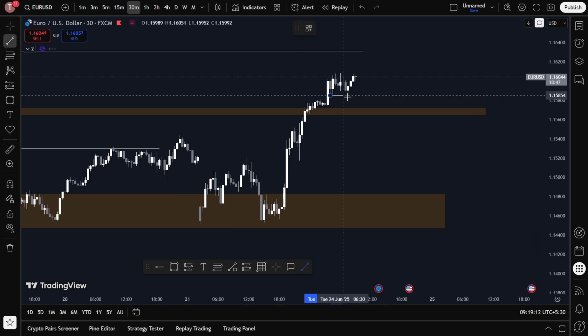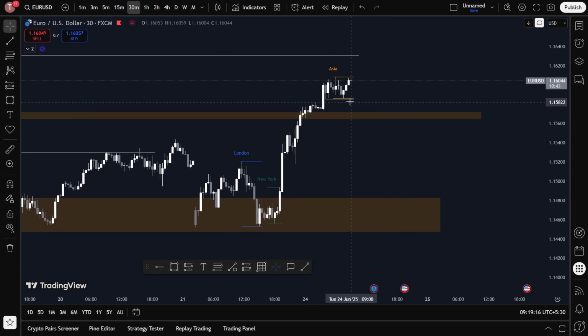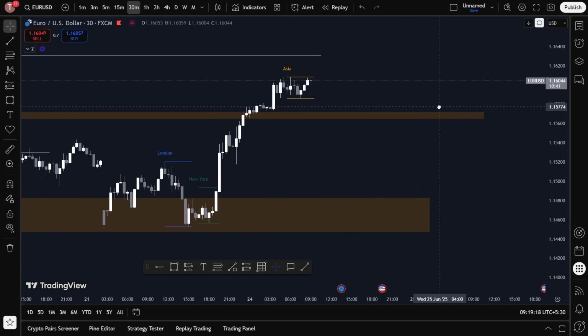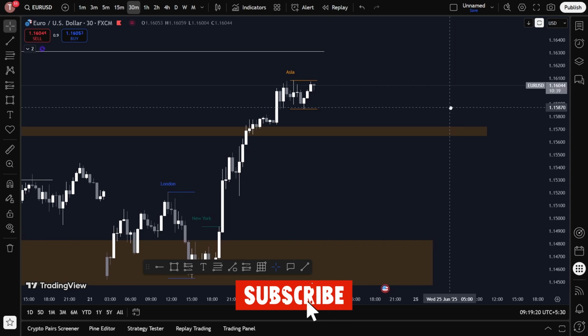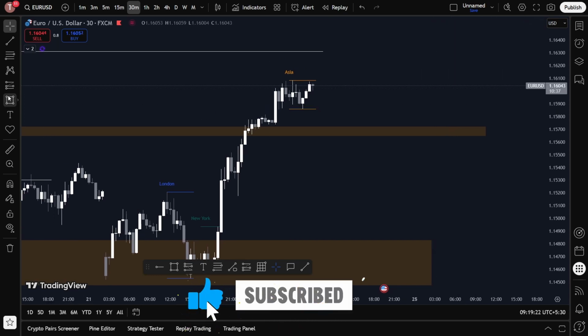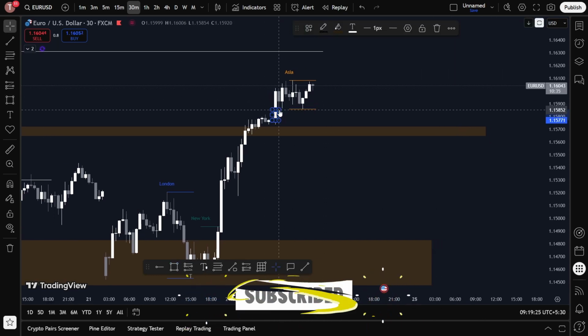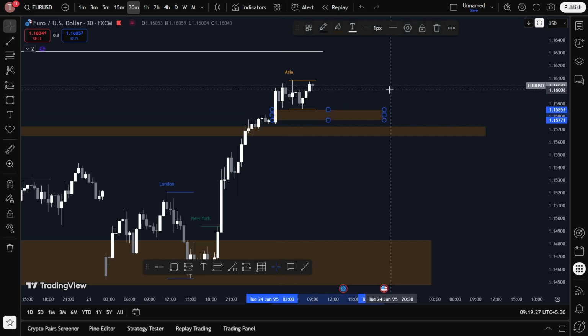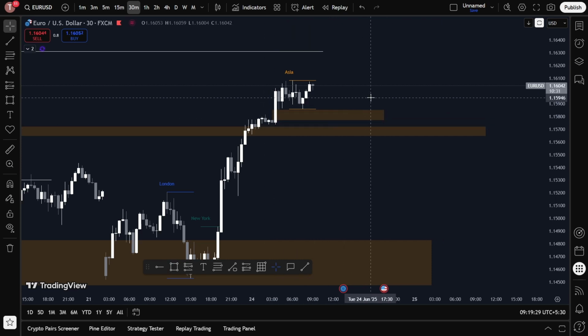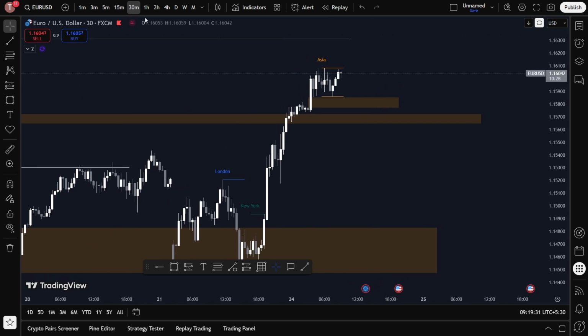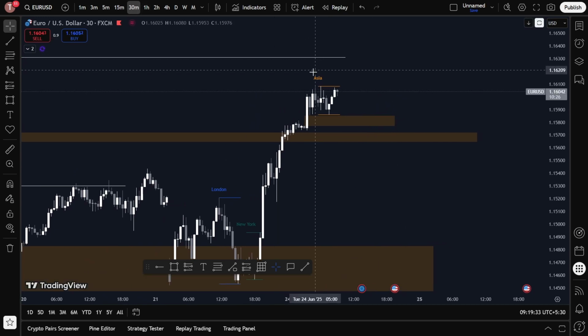But I can say that this is the Asia low. Yes, of course, this is the Asia low, and if we are going to go higher, most likely we are going to mitigate this FVG and then go higher. And this will be my target.